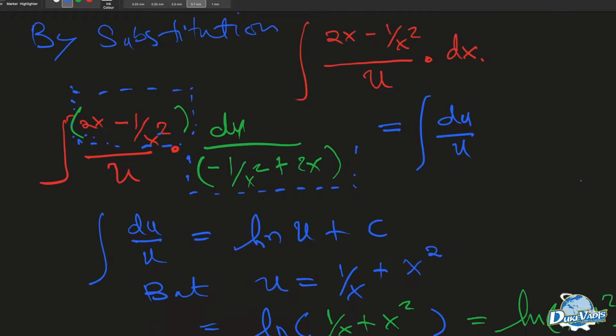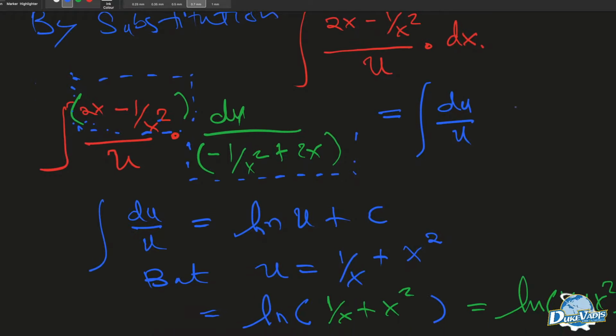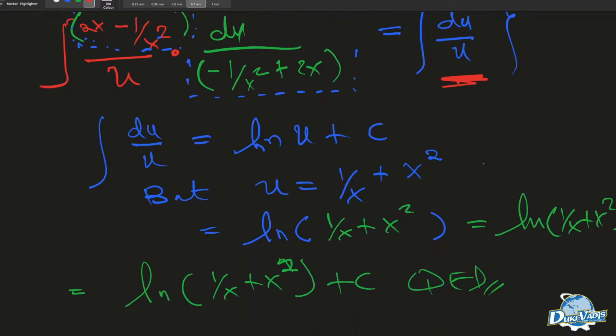Then we got to the point where we had the integral of du over u. And we all know that when we integrate 1 over u du, the answer is usually and mostly natural log of u plus c.